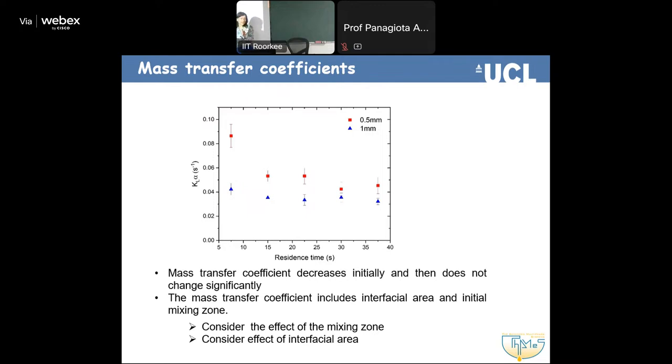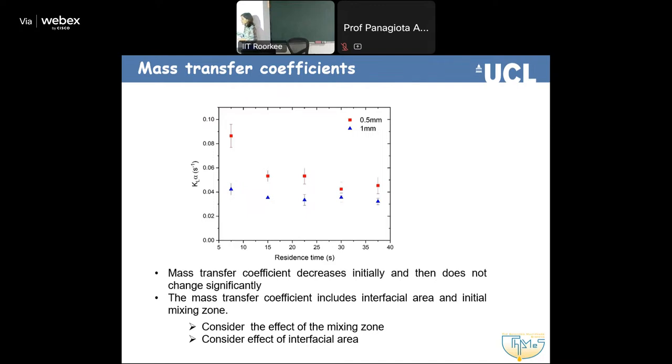This can be done for sure, but if we want to decouple effects, what we do is keep the same flow rates, the same velocities, and we just change the channel length. So the residence times I report here are obtained by using tubings of different lengths. And in all these experiments, we didn't use microfabricated channels, we just used tubing. You can get tubing from 0.2 millimeters up to a few millimeters, and it is much easier to use and to throw away if necessary.